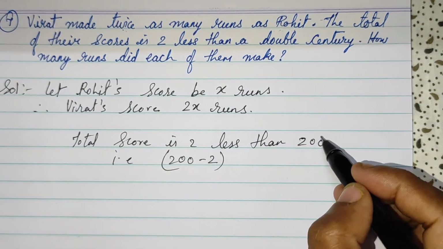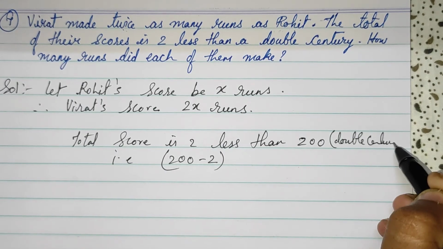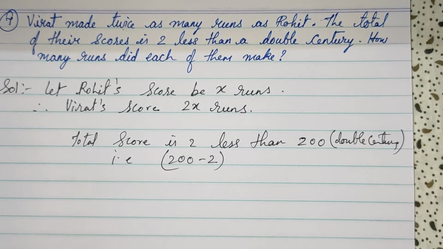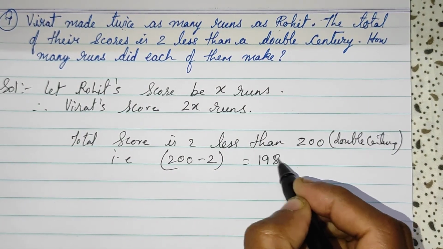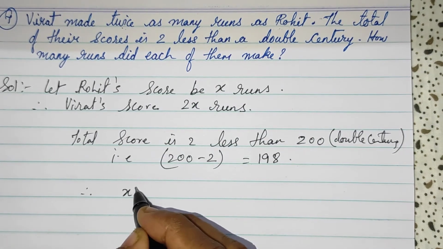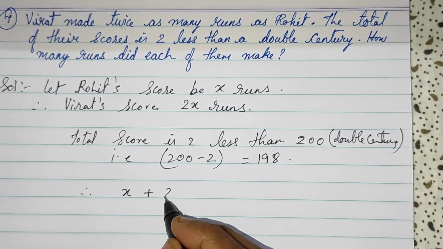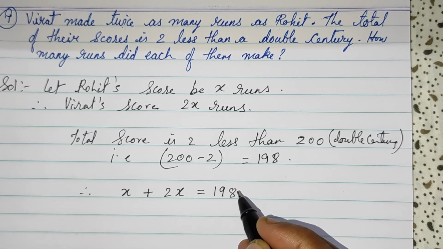See, they have given double century, so you can directly write 200. So it becomes 198. So that means Rohit's score plus Virat's score equals 198.